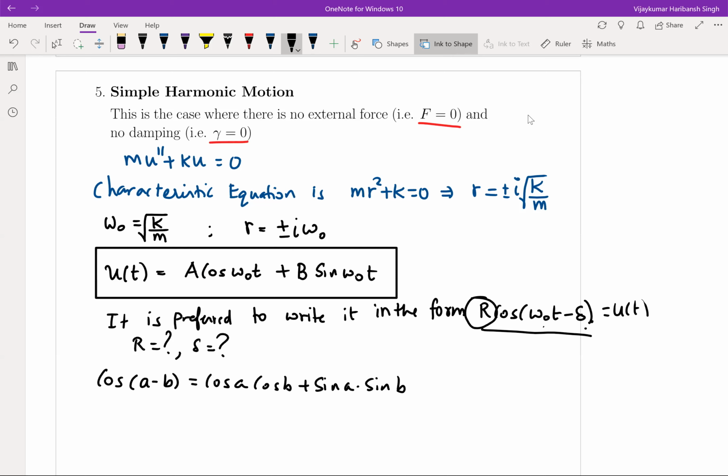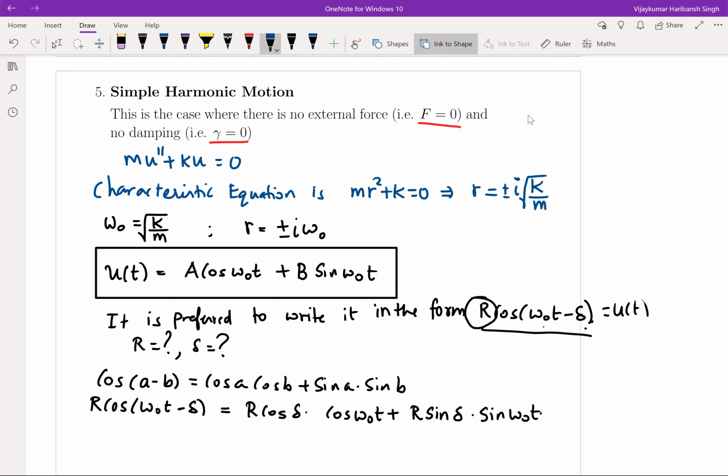So writing this as R cos of omega naught t minus delta, we get R cosine of delta times cosine of omega naught t plus R sine of delta times sine of omega naught t.